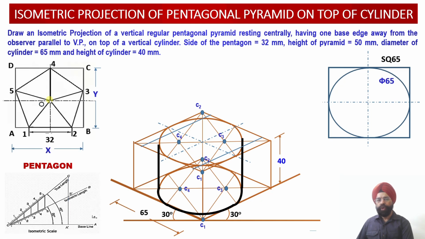I know the dimension x, I know the dimension y. Now I have to place this rectangle x and y onto the top. Along this edge I should be able to place my dimension y. Similarly, along this dimension I should be able to place my dimension x. Now how would I be placing it over there? The center point, that is the axis of this point, should be matching with the axis of the cylinder over there.